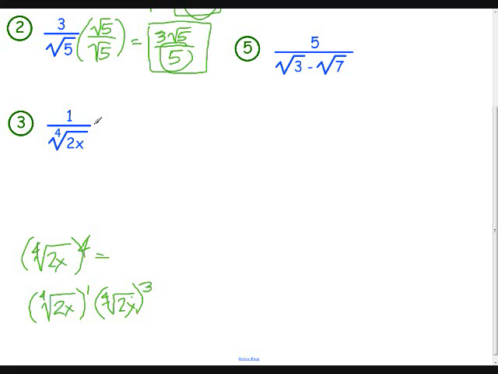So that tells us what we need to multiply here. Here we have to multiply by the fourth root of 2x, and we have to raise that to the third power.